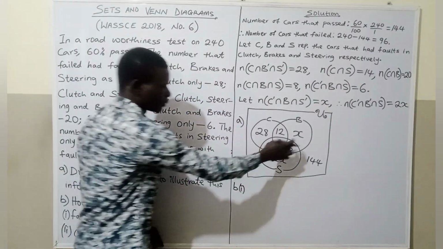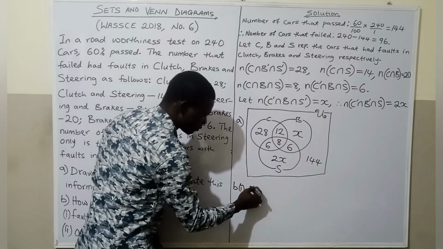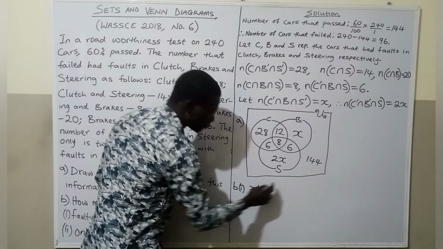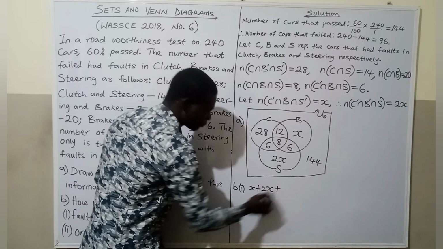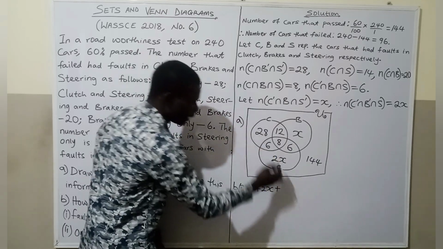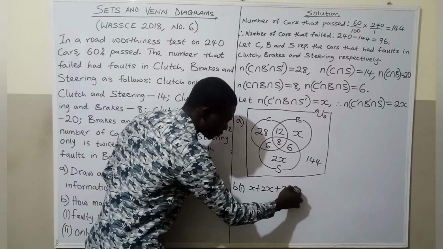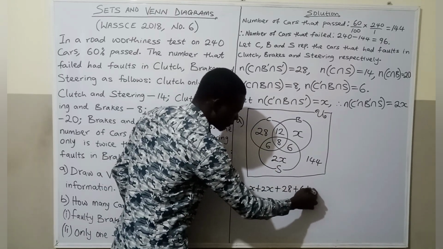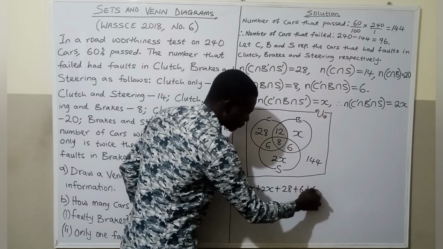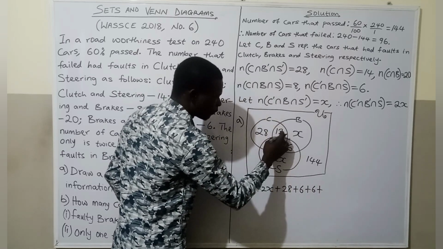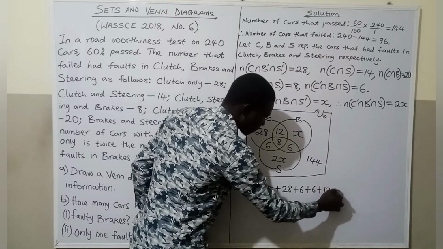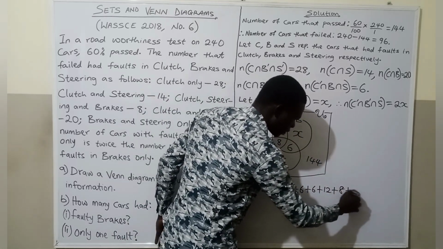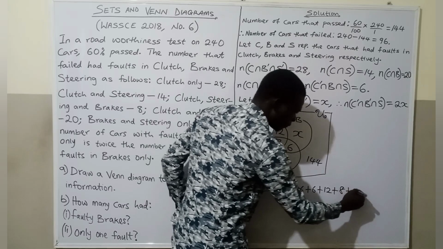So we are going to start: x plus 2x plus 28 plus 6 plus 6 plus 12 plus 8 plus 144.